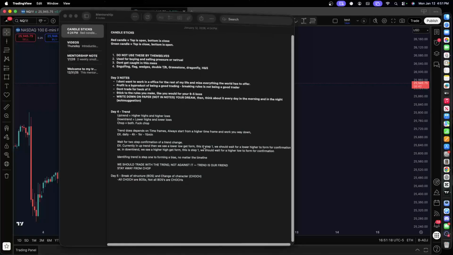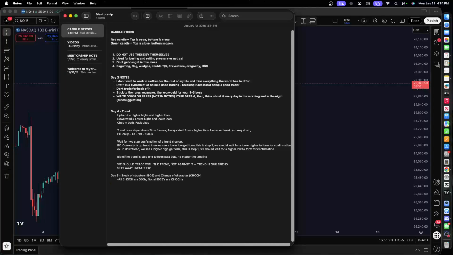So, really, let's go back to the notes. Okay. Both are dependent on time frames, like trends. BOS is continuation of trend, and CHoCH is change of trend. Okay.